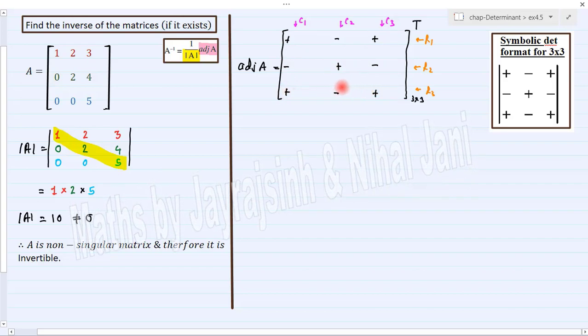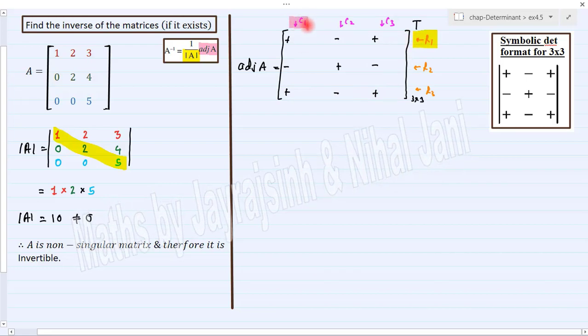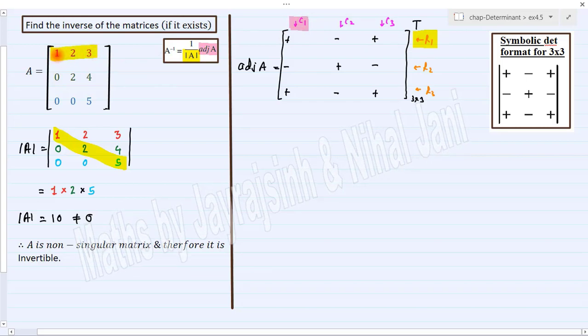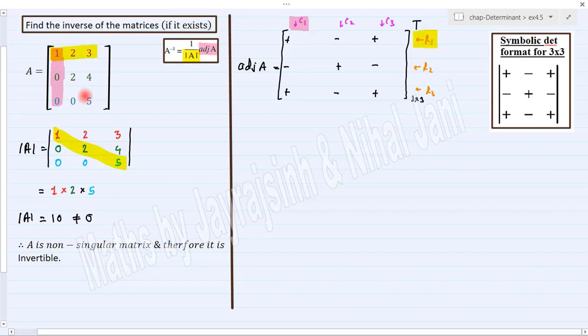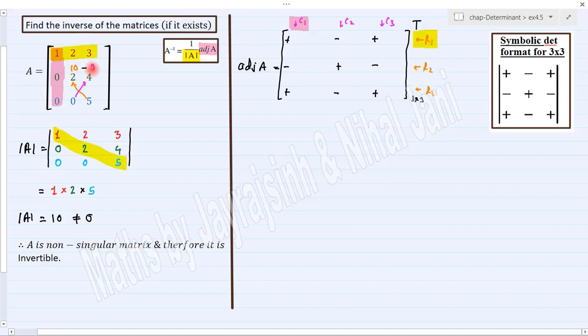Now let's get minor of first element, which is in first row and first column. So we have to ignore first row and first column and then cross multiply. 5 2s are 10 minus 0 4s are 0. So 10 minus 0 will give us 10.